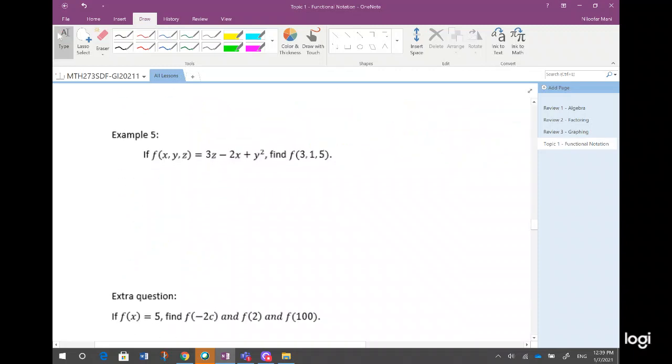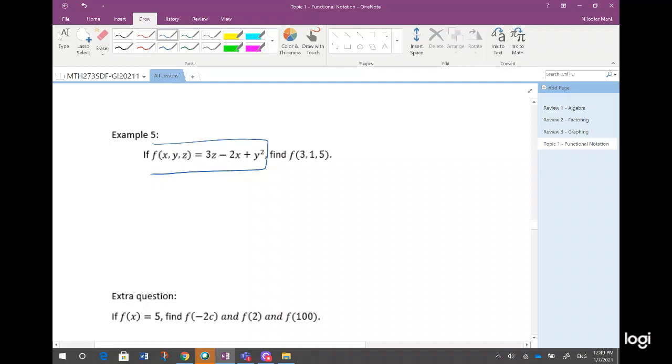Okay, so f of x, y, and z is 3z minus 2x plus y squared. If you go to university and, for example, do a bachelor's or engineering, you have mathematics 2, calculus 2, and in calculus 2 you have these kinds of functions with several variables.